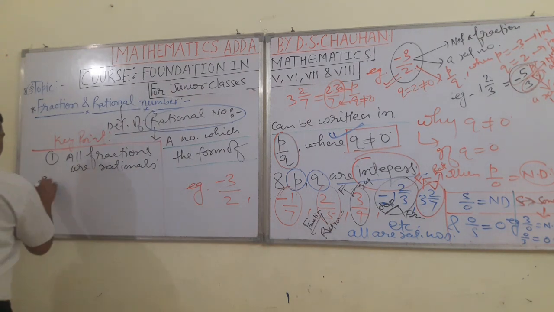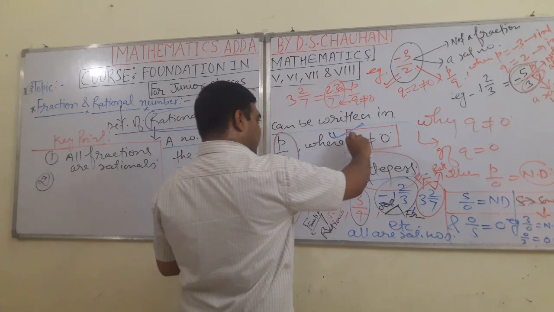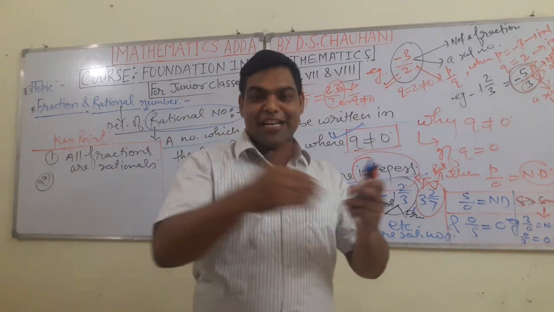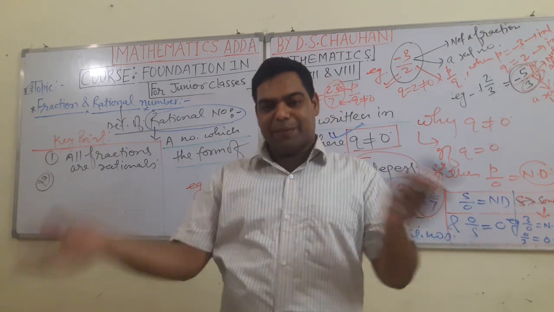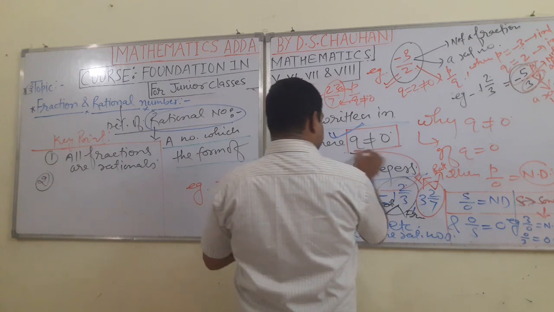Second point. See, in the definition of a rational number, here q cannot be 0. It can be 1, -1, 2, -2. The only thing it can't be is 0.